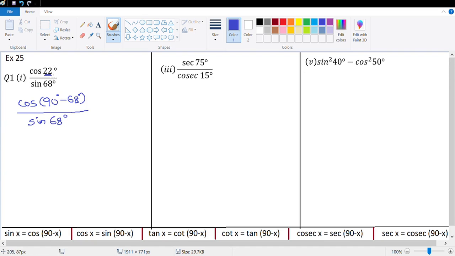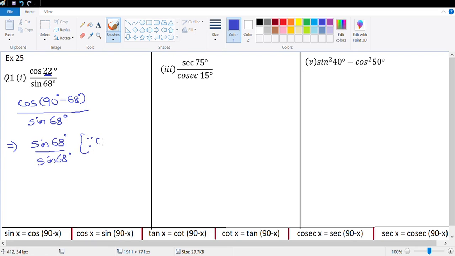Let's check what I have done. Instead of 22, I have written it as 90 minus 68. So I know cos 90 minus x is equal to sin x, which means I will write this as sin 68 degree upon sin 68 degree.